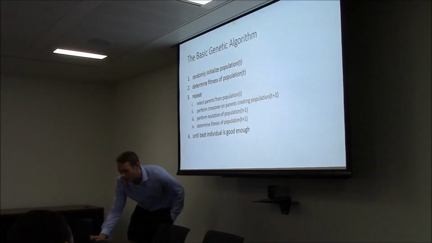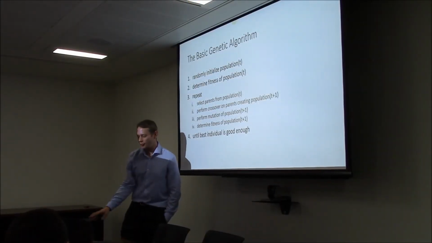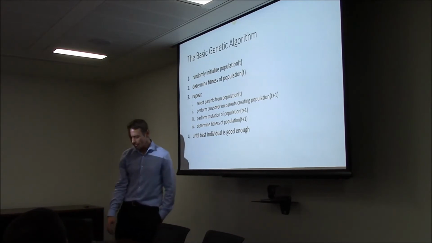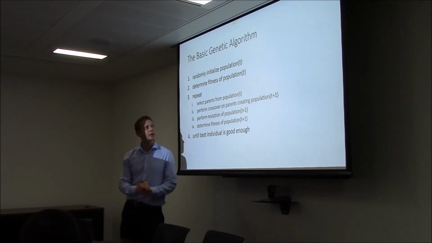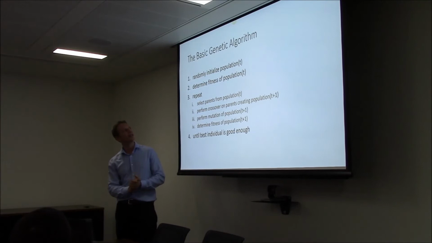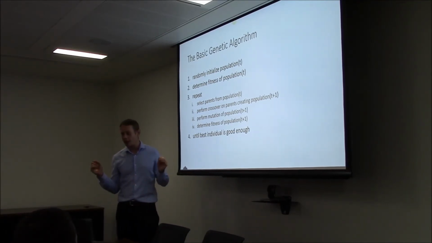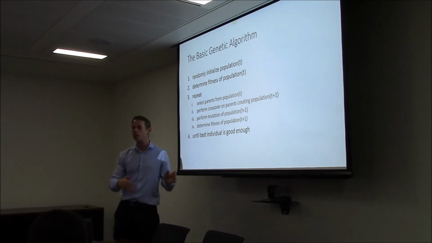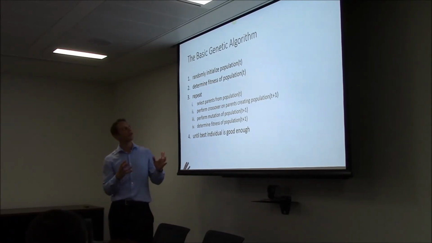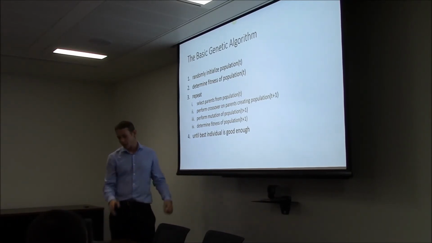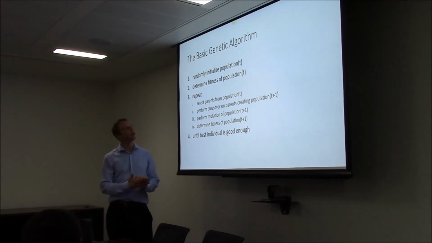So let's go through the basic algorithm. The very basic algorithm from the 1970s was, first of all, we would have a population size, say 10. Given the rules of our problem, we would generate 10 random candidates. We would then apply our fitness function to each of these 10 candidates.